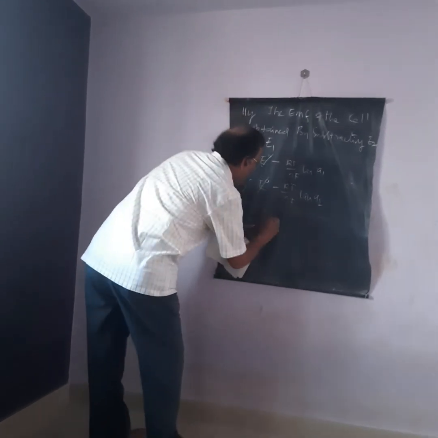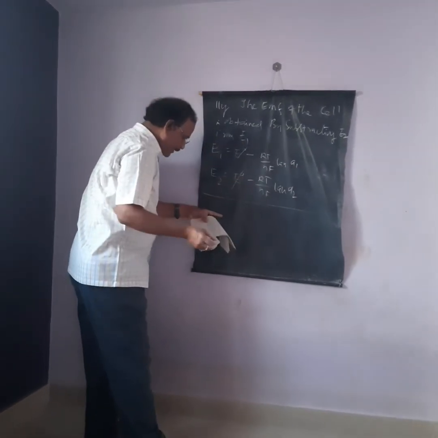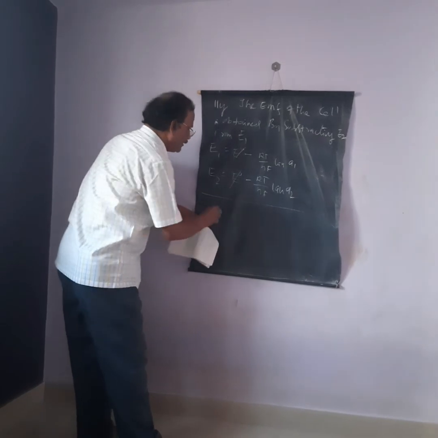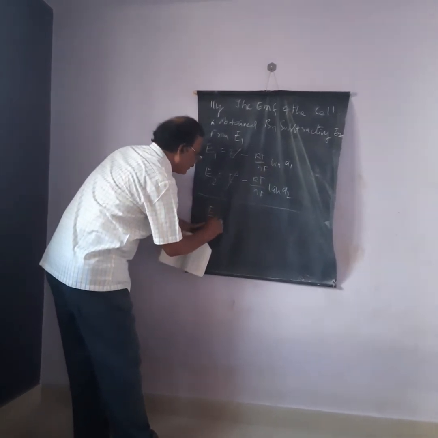This is equal to, that is, the net result is E2 minus E1.